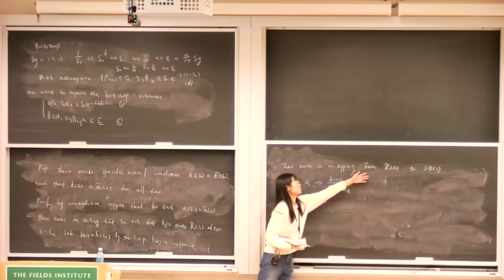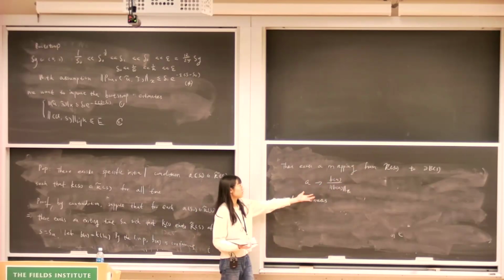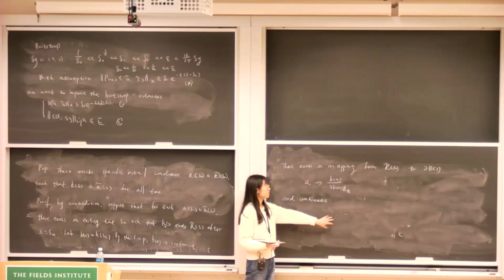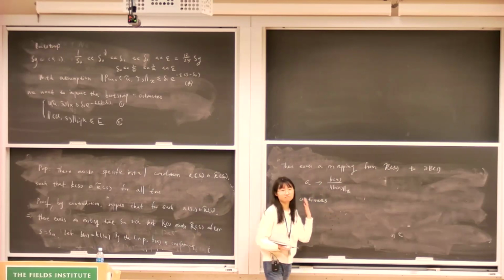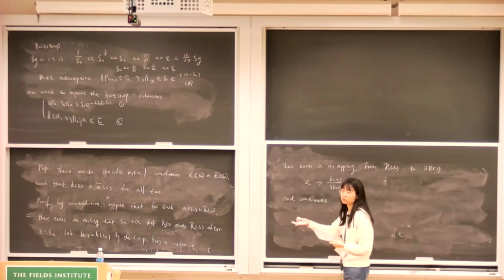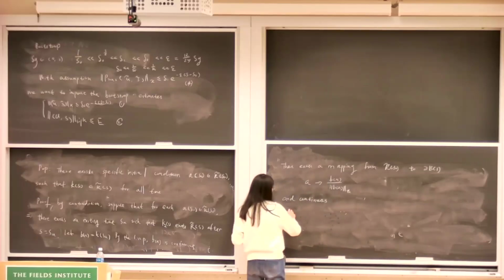You can also rescale the initial ball such that it is a unit ball. So this gives you a continuous map from the ball to this boundary, and on the boundary it is an identity map. So from the fixed point argument, such a mapping doesn't exist. So you close the contradiction argument.